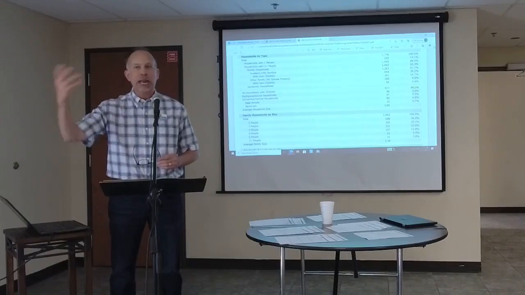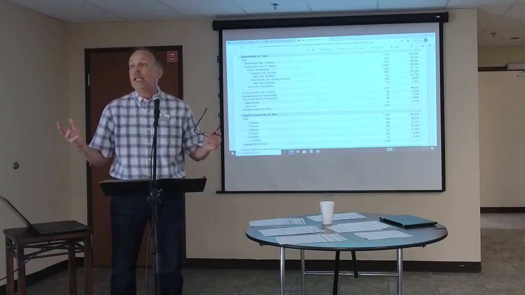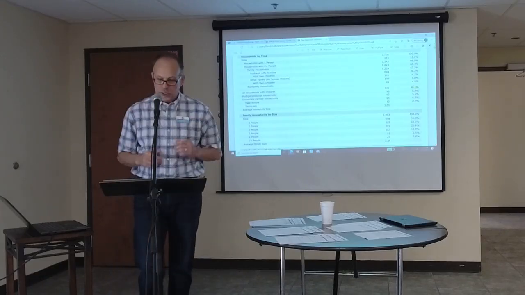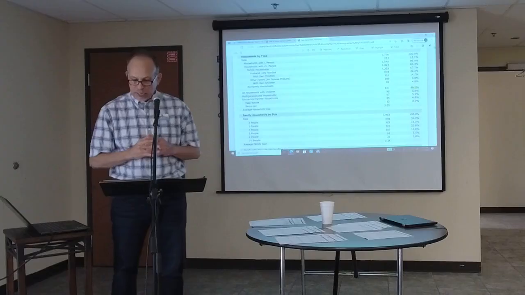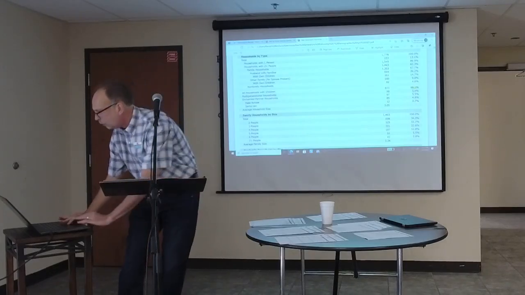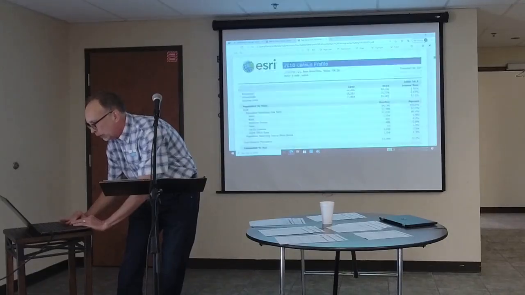We'll get into some forecasting in more recent data in a minute, but basically at that point, almost half of the households within the 1 mile radius had children, had minors. You go out to the 3 mile ring. Notice how it changes.